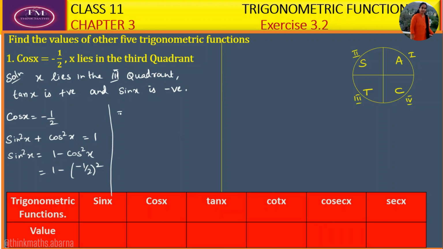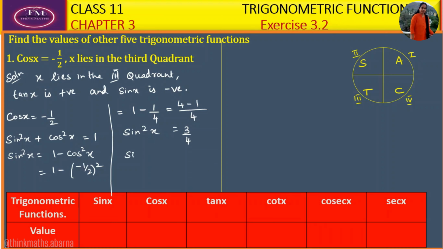The square is positive, and 1 by 2 square is 1 by 4. So 1 minus 1 by 4. Taking 4 as LCM, it is 4 minus 1, so 3 by 4. So sin square x is 3 by 4.